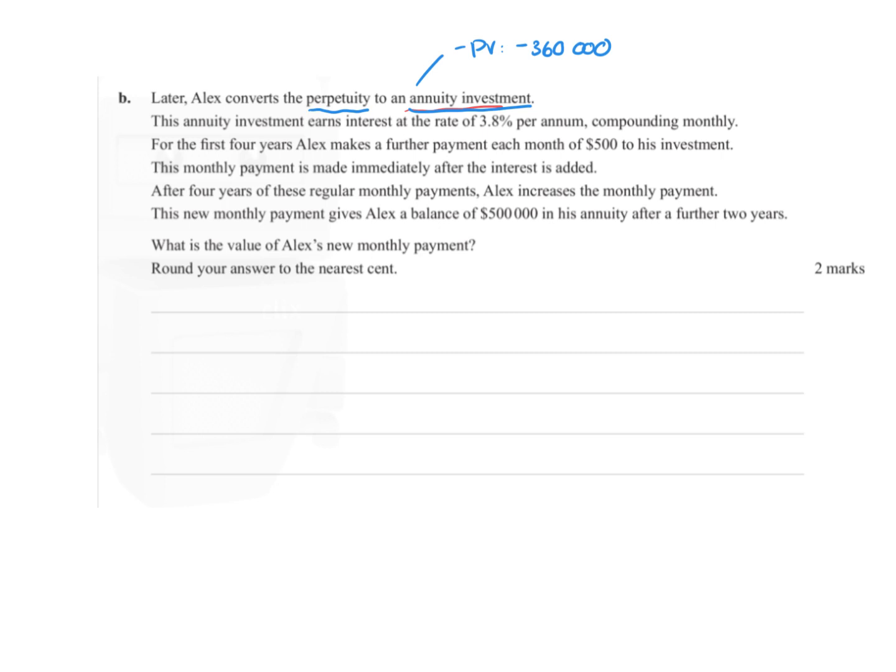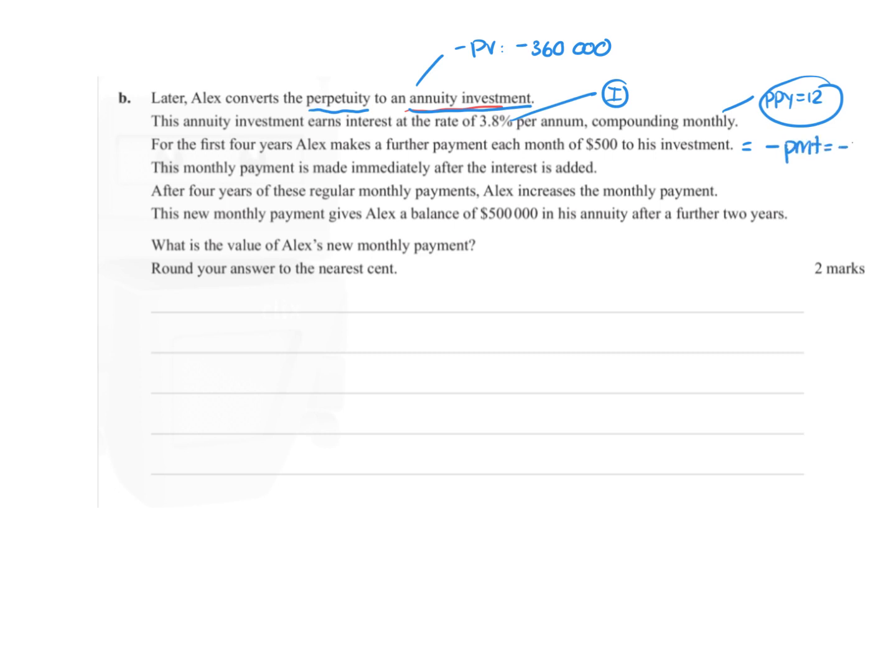And it says he invested in an annuity earning 3.8% per annum. So they just gave me the I there, compounding monthly. So PPY equals 12. And for the first 4 years, Alex makes a further payment each month of $500 to his investment. So he's adding that in. So that's a negative payment.